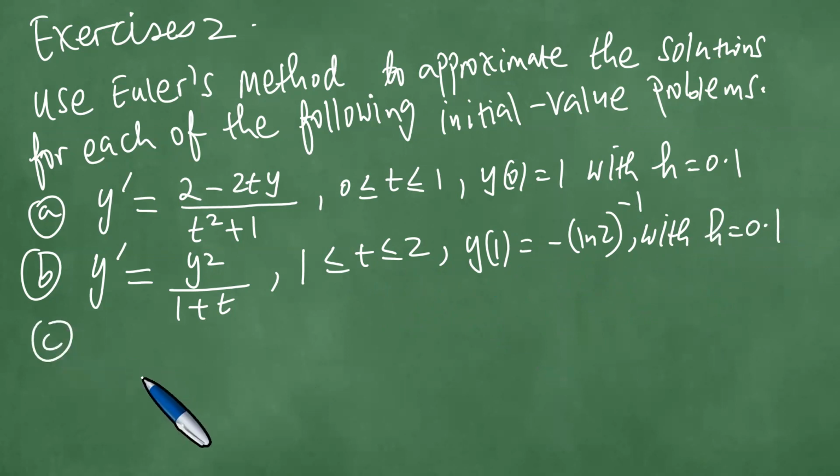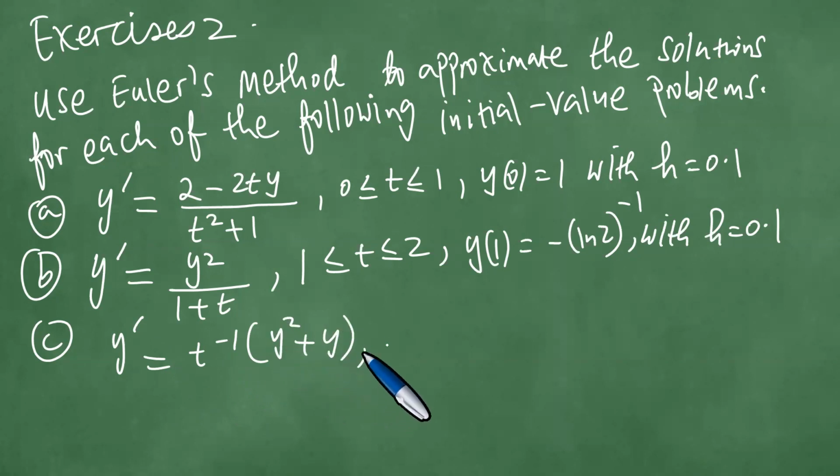These exercises, the ones that we're not going to do today, I'm going to highlight the answers in our next meeting. So this is t to the minus 1. Then you have y squared plus y. They're not very different anyway in the book, so I'm just randomly picking from the textbook.